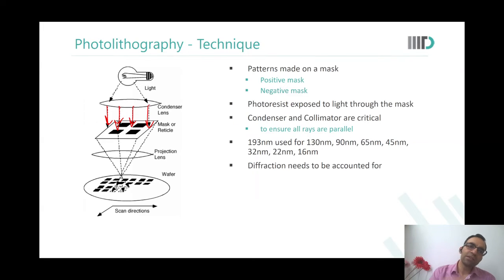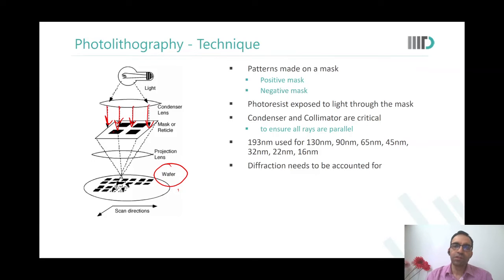So this is exposed to a mask where there are parts which are blacked out so that light cannot pass through it. And then after the mask, there is a projection lens which will again refocus these parallel lights into converging lights, and you will be able to expose the underlying silicon wafer. So this is the wafer already written there. You will expose the underlying silicon wafer with light.